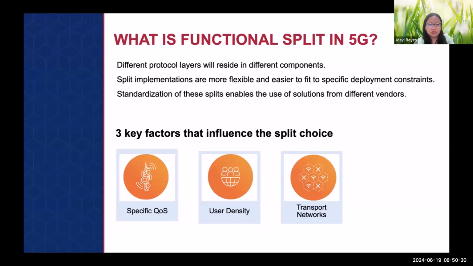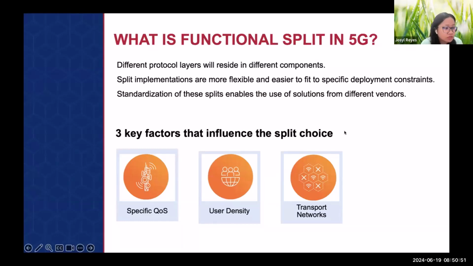If they follow similar standards, then that means we can allow interoperability. That's the reason why these are being defined, to standardize them and to allow interoperability since they follow the same standard. So how do we select which split choice?